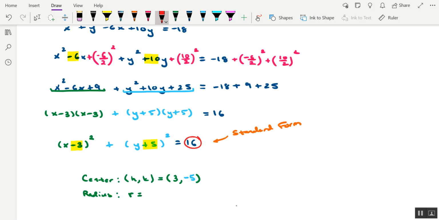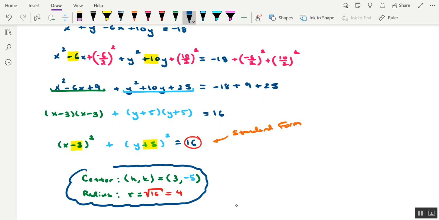So the easiest way to get the radius, if there's no exponent of 2 on this number, is just to square root it. So it's going to be the square root of 16, giving us a radius of 4. And that's how we can find the center and radius of the circle upon transforming the equation from general form to standard form.